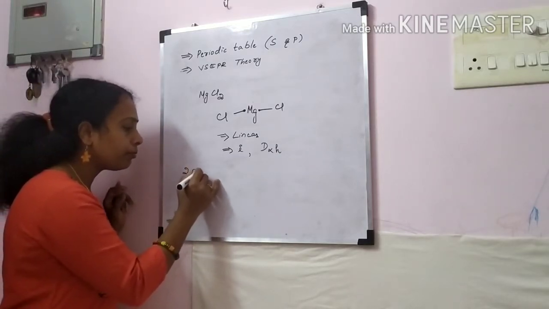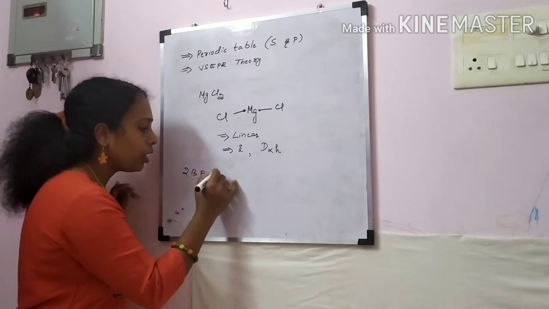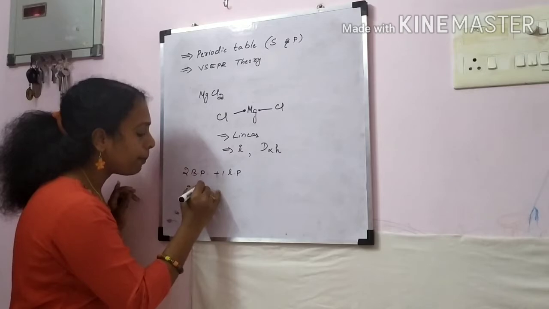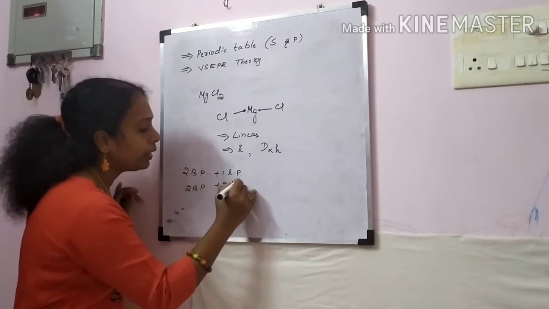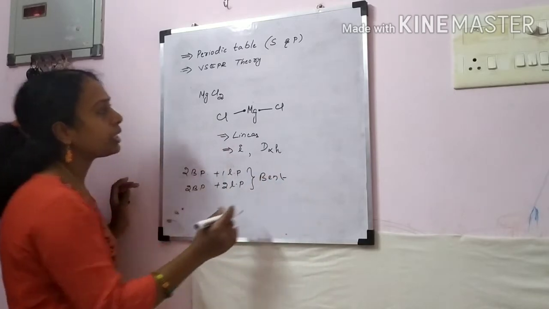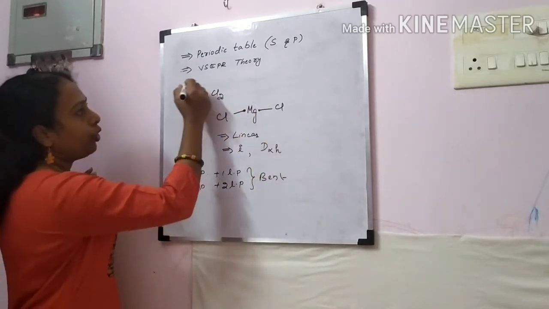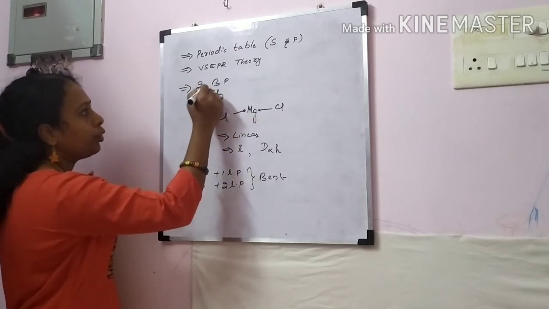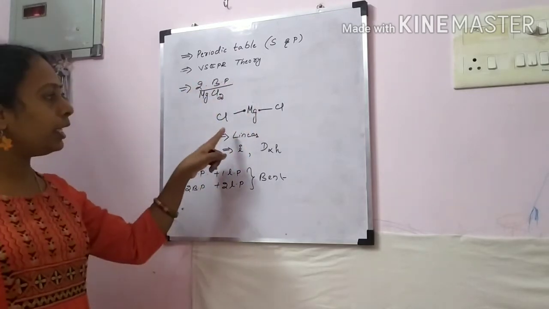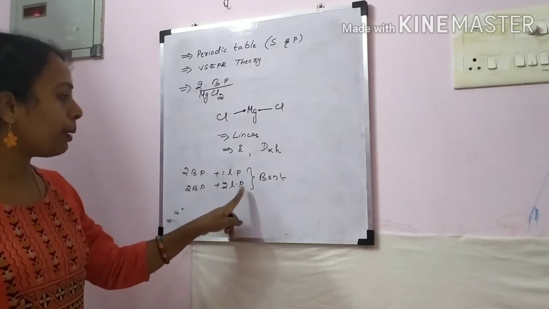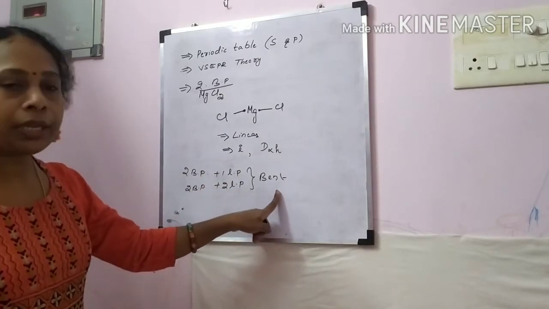The next one is bend shape molecules. 2 bond pair plus 1 lone pair, or 2 bond pair plus 2 lone pair, will belong to the category bend shape. The first category is 2 bond pair alone: if 2 bond pair alone is present, it will be a linear shape molecule. 2 bond pair plus 1 lone pair or 2 bond pair plus 2 lone pair will be a bend shape molecule.